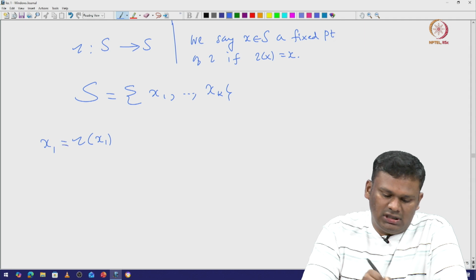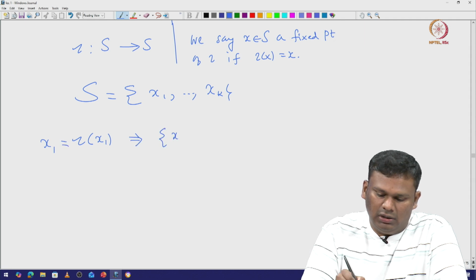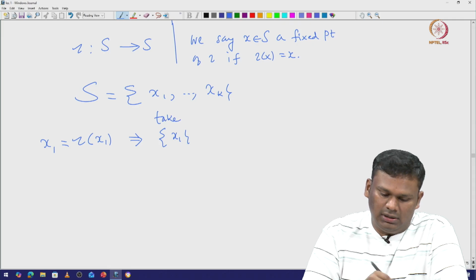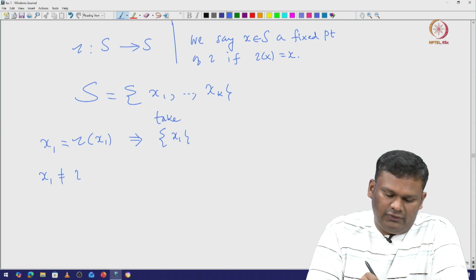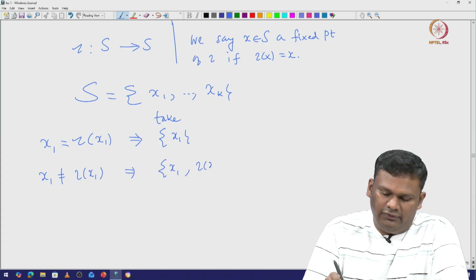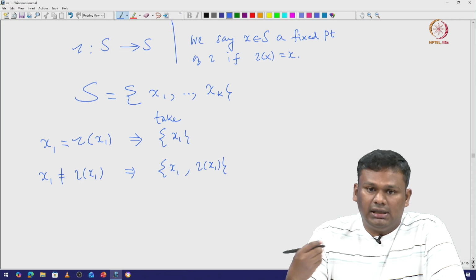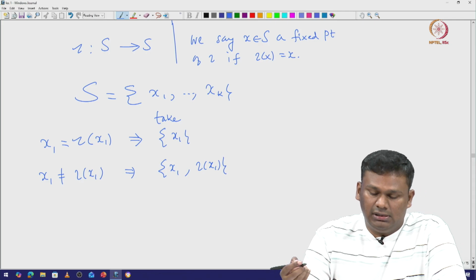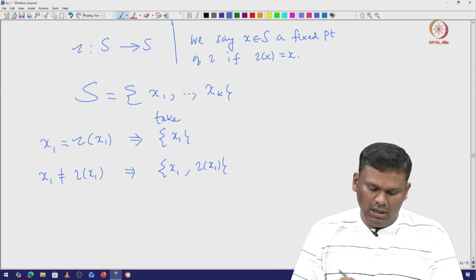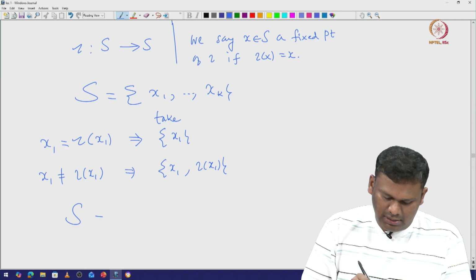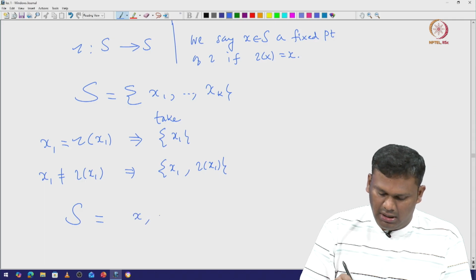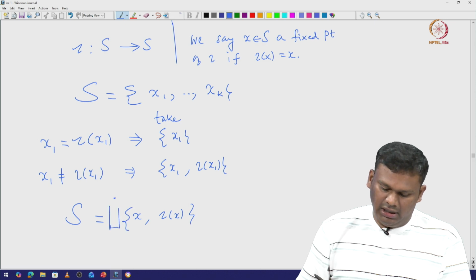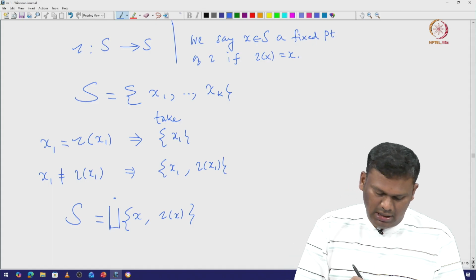If x1 equals iota of x1, take the singleton x1. If x1 is different from iota of x1, take the pair x1, iota of x1. And this procedure I do for all elements. So, I can partition S as a disjoint union of these sets x, iota of x, where x comes from some indexing set lambda.